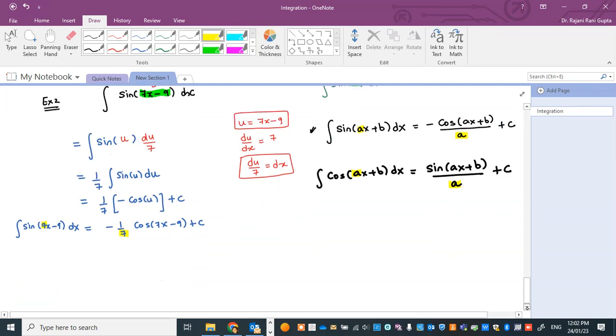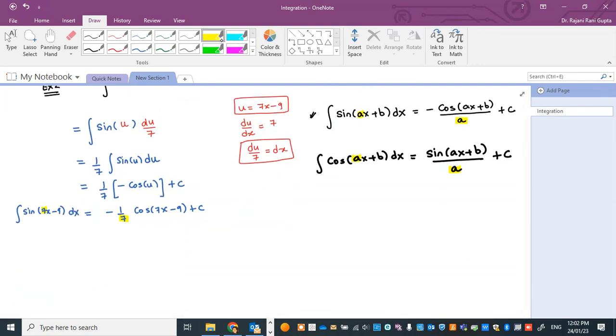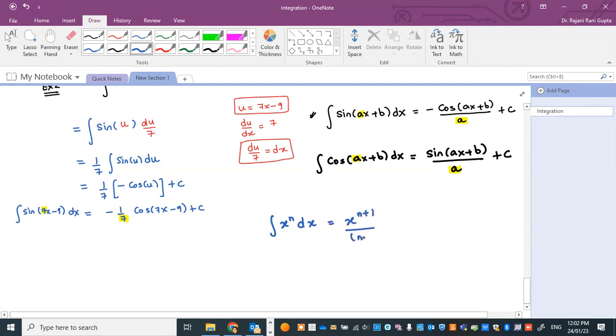Similarly, we can work with the power rule. Like we know the power rule, that is the integral of x power n dx is x power n plus 1 over n plus 1 plus c for all values of n except minus 1.